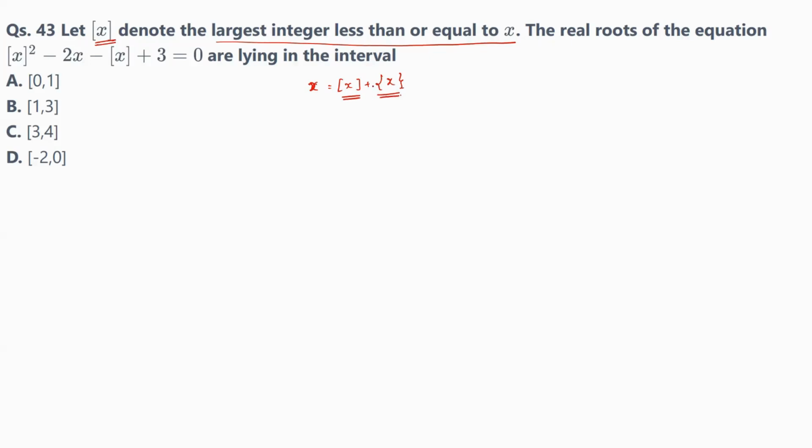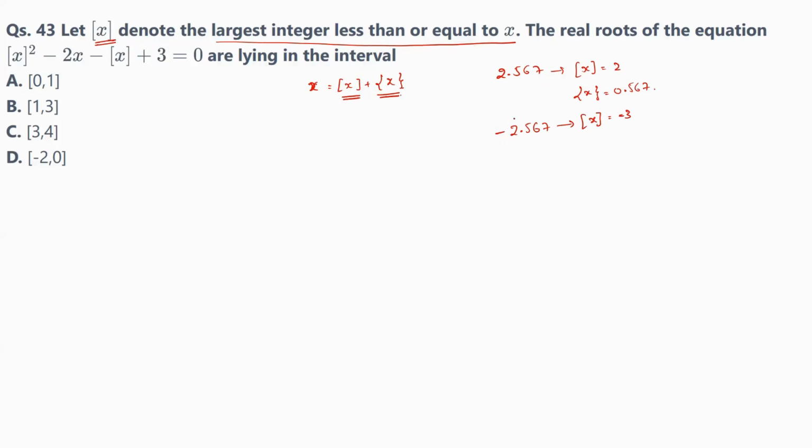For positive real numbers, it is quite simple. Take 2.567. For this, ⌊x⌋ would be 2, and the fractional part of x is 0.567. For negative real numbers, say -2.567, ⌊x⌋ is -3, because you are looking at the largest integer less than or equal to this.